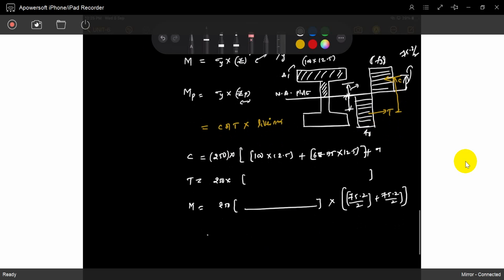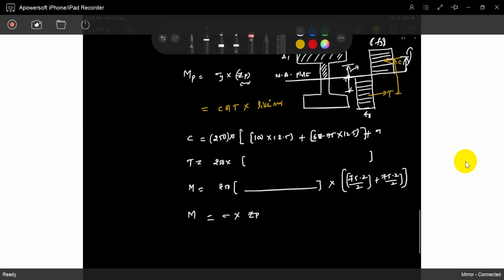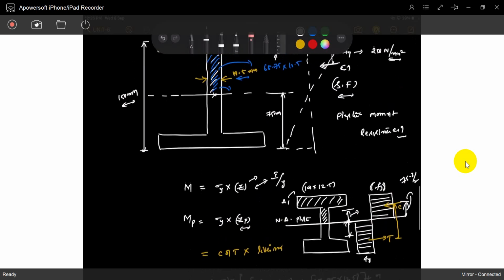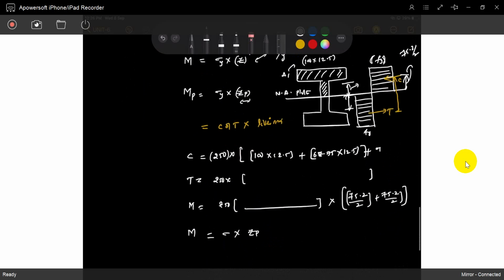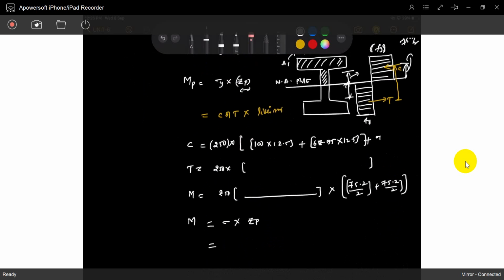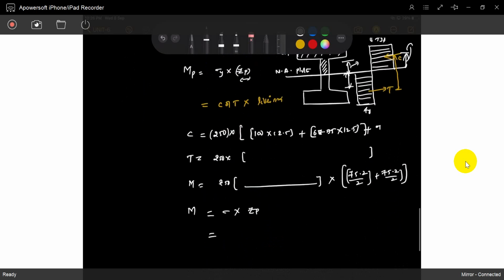If you see, M is sigma into Zp. So if you find out Mp, you can find out. They ask for the shape factor and plastic moment capacity also. So you will get 55.175 kilonewton meter.